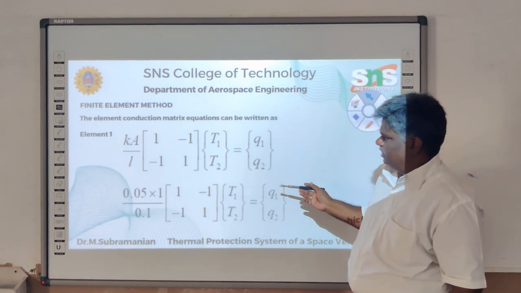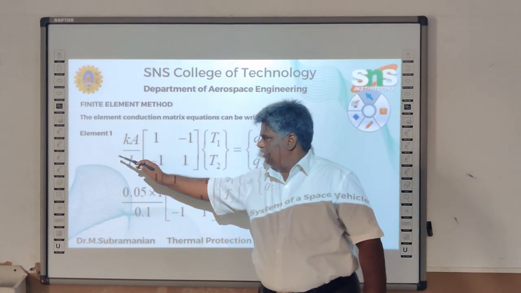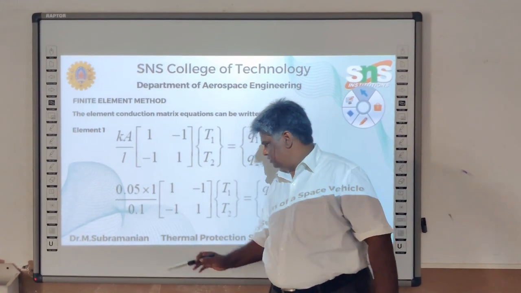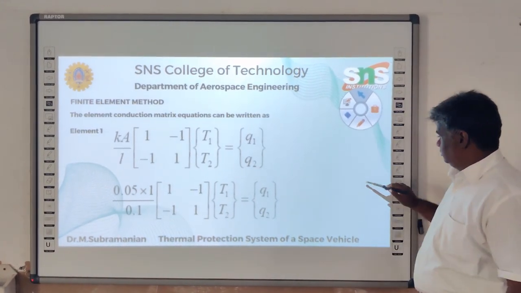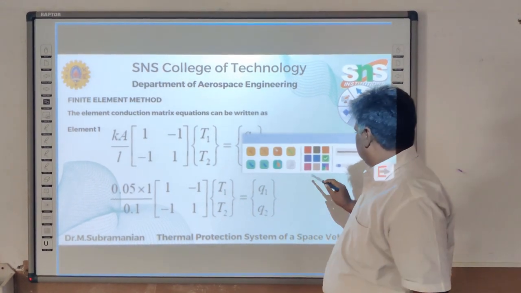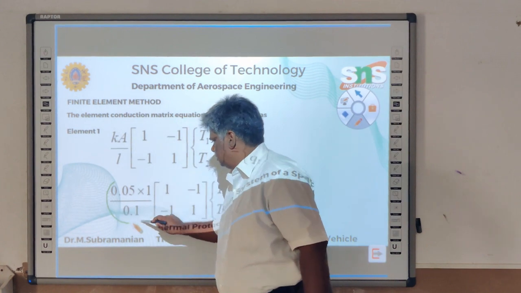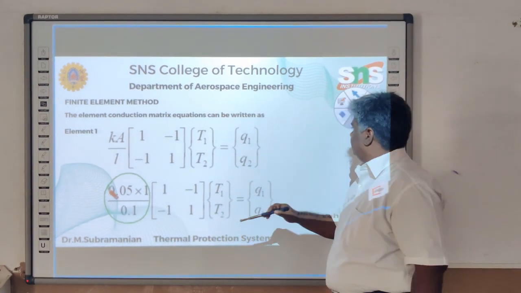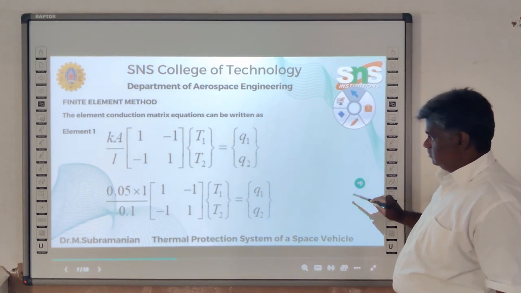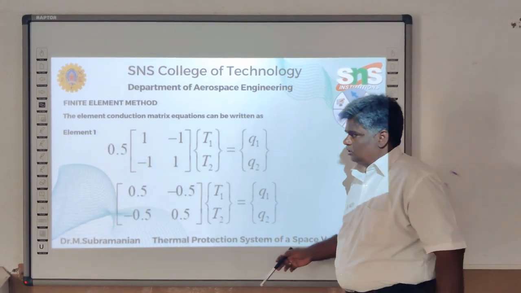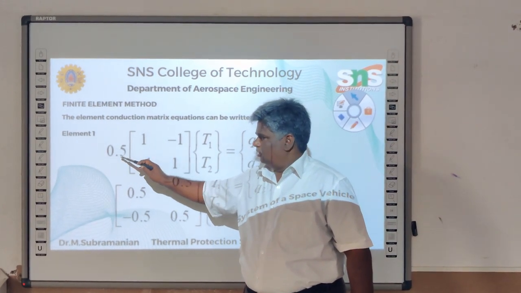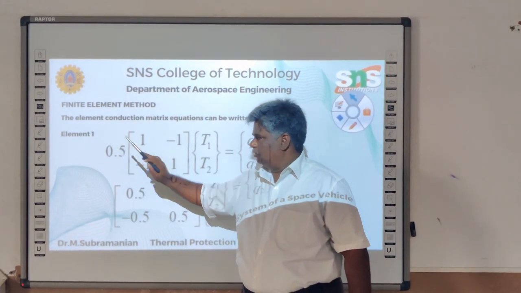Substituting the thermal conductivity of element 1, which is 0.05, and A, we get a value which, simplified using a calculator, is 0.5.